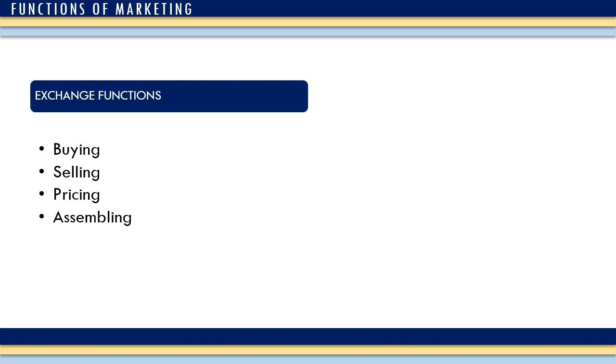Now, in order to ensure that this buying and selling is facilitated smoothly, one factor plays an extremely important role, and that factor is pricing. In fact, you would be wondering why some organizations succeed and why some organizations fail.